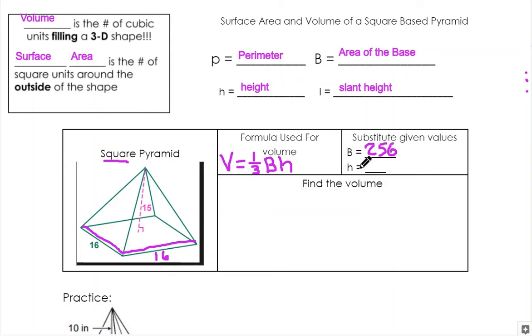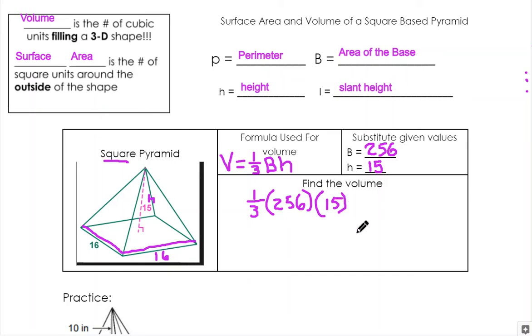Now I have to find my height. My height is how tall it is. If I look here, I see this dotted line going up. That would be this 15 here, so 15 is my height. I figured out B, the area of the base, and I figured out my height. Now I just plug it into my formula. I'm going to do 1/3 times 256, that's my B, times my height, and my height was 15.